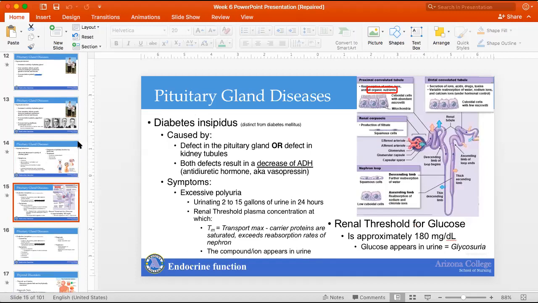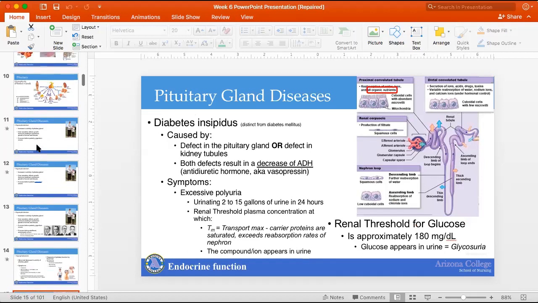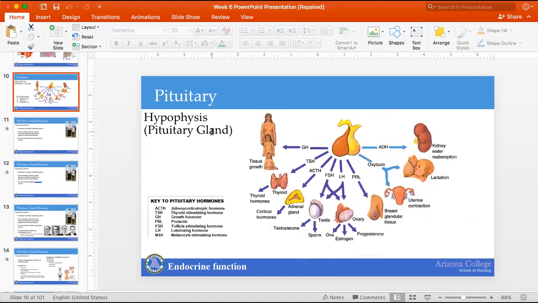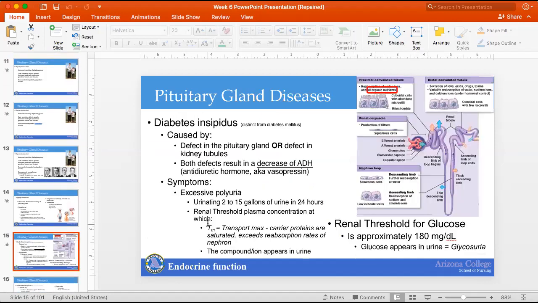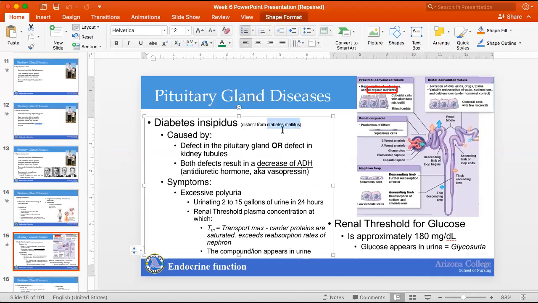Next, you have what they call diabetes insipidus. So if we go back real quick, here you have these hormones. If we remember, this antidiuretic hormone is going to function on the kidneys and this water absorption. Now, this diabetes insipidus is different than what we typically think of as diabetes, which is diabetes mellitus.